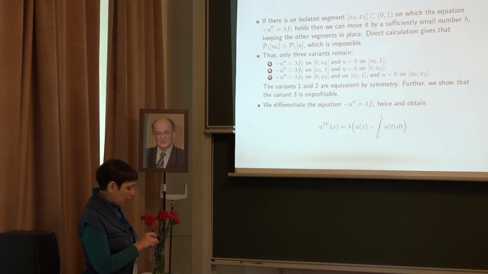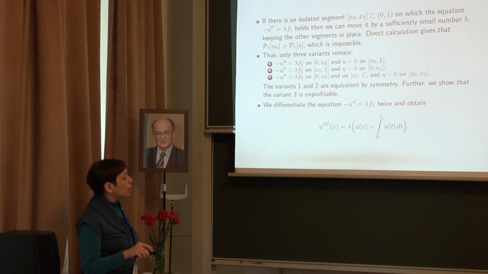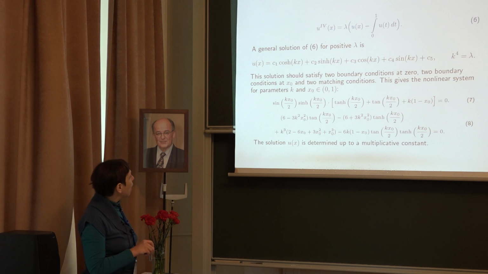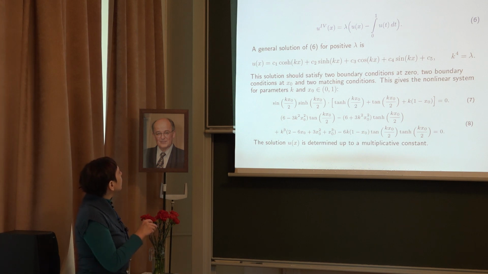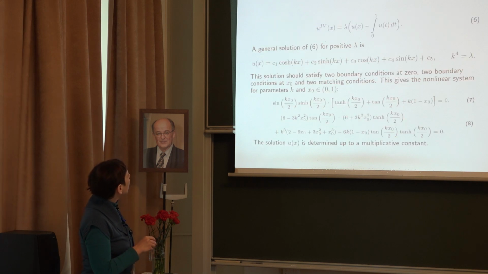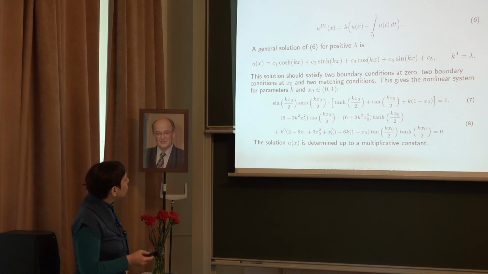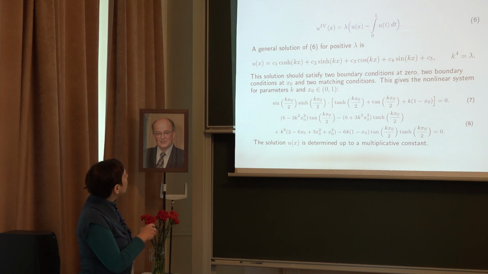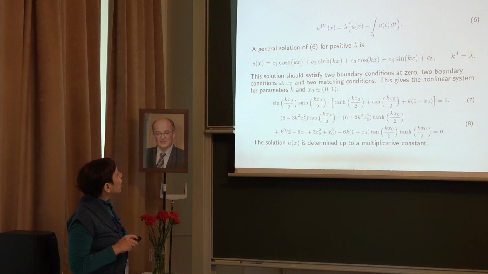This equation has to hold on an interval from 0 up to x null, and we find a general solution of the form: there are sines and cosines, ordinary and hyperbolic, plus a constant, so it depends on 5 constants.